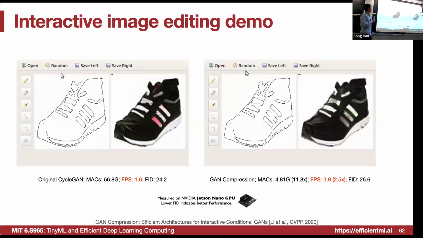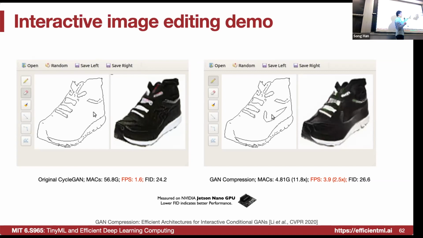This is another demo using GAN compression to turn sketches into shoes. Previously it is pretty slow, 1.6 frames per second. Now it's more responsive.